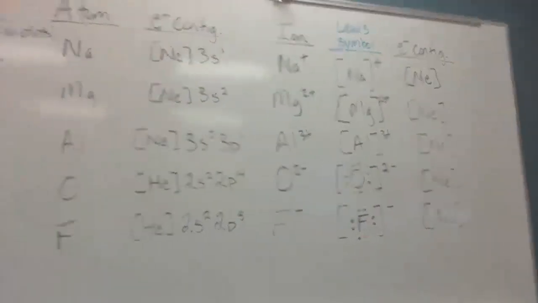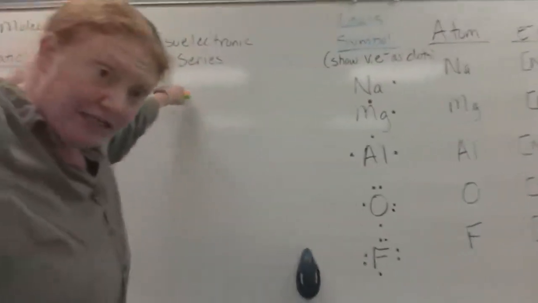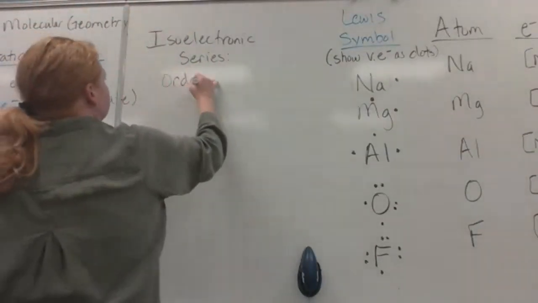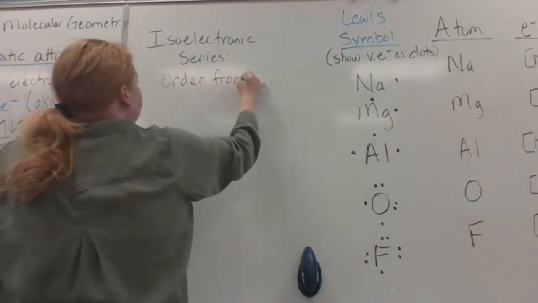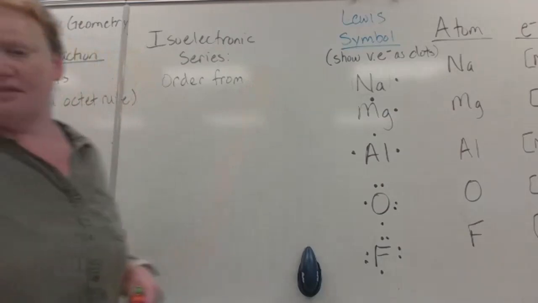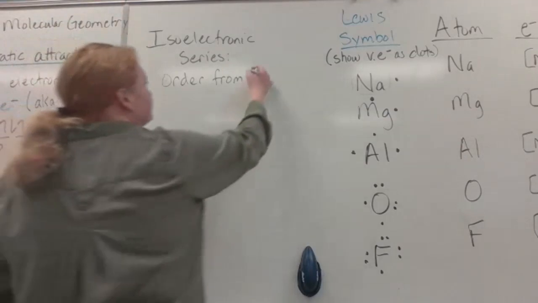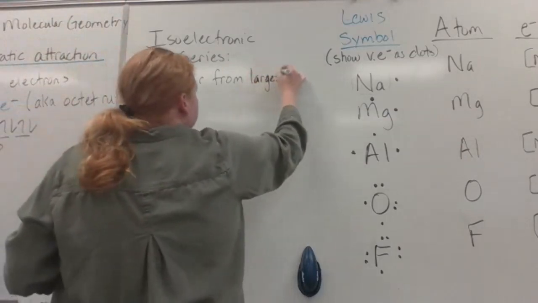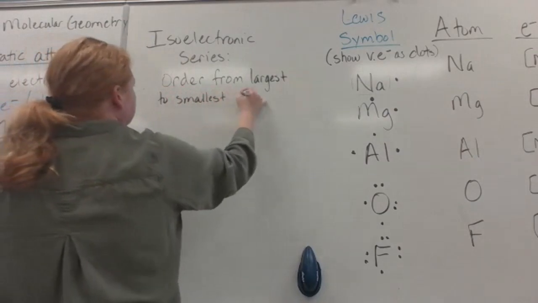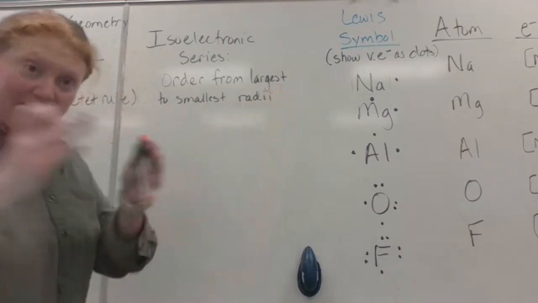So something you could be asked is, within an isoelectronic series, order them by size. I think I said let's do largest to smallest. Radii.